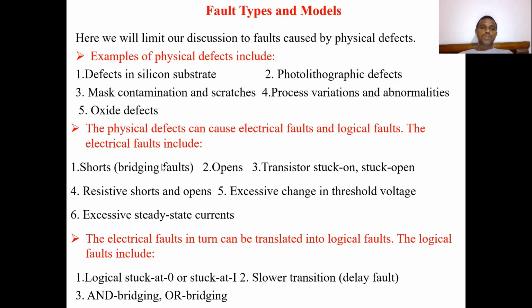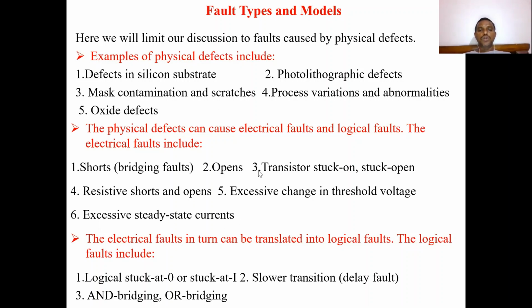Here is the list of electrical faults we get due to the physical defects: shorts, that is bridging faults, opens, transistor stuck on, stuck open, resistive shorts and opens, excessive changes in the threshold voltage, and excessive steady state currents. All these are electrical faults due to the physical defects.